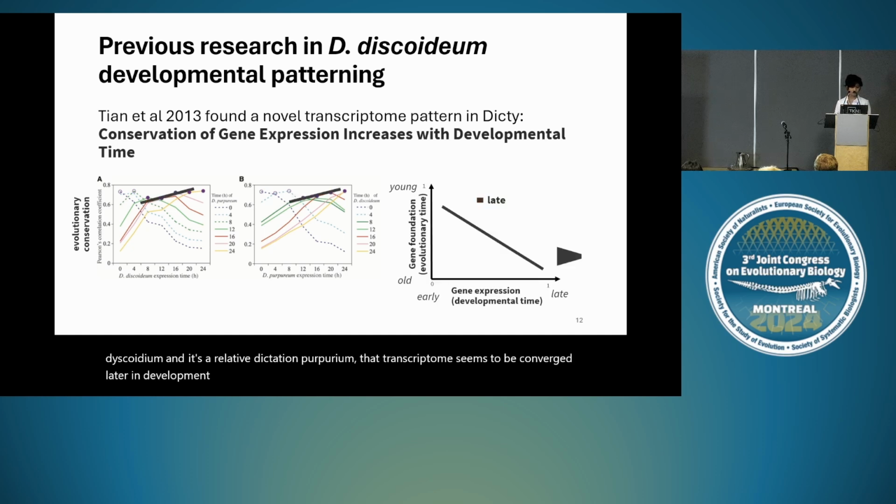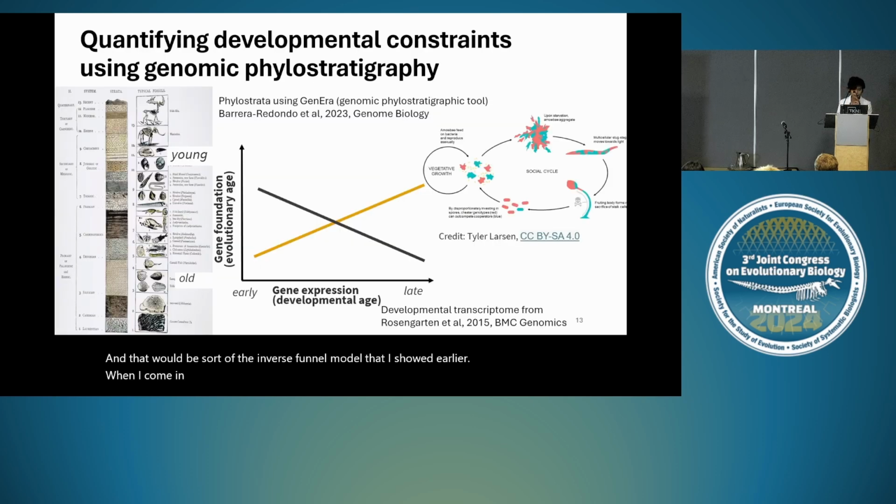So that would be something like this. As development progresses, transcriptomes become increasingly similar, and that would be the inverse funnel model that I showed earlier.